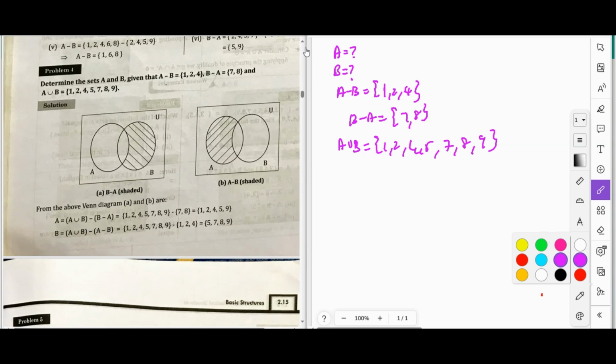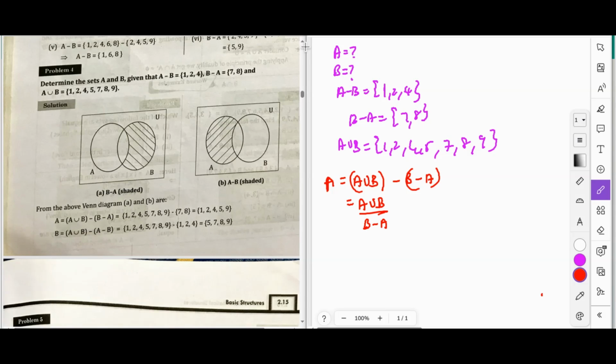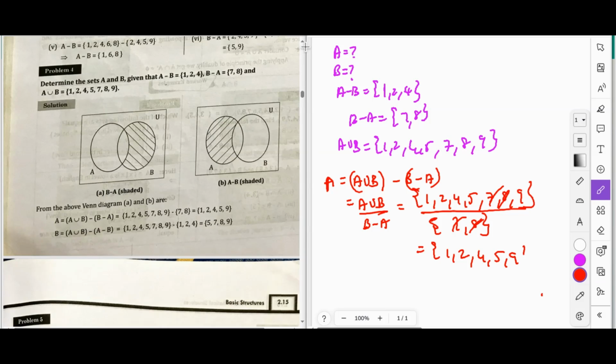So we need to find A. What will be A? A will be A union B divided by B minus A. So A union B is 1, 2, 4, 5, 7, 8, 9 divided by B minus A, which is 7, 8. So it will get cancelled. So the answer will be 1, 2, 4, 5, 9.